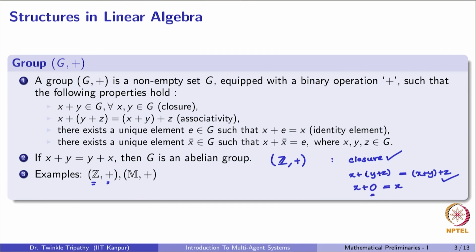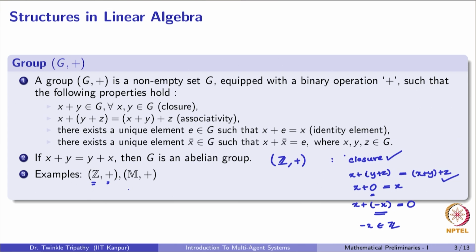Any integer when added with the element 0 gives me back the same integer itself, and the inverse of an integer, which is minus of x, gives me back 0. So minus x always belongs to the set of integers. Hence I know that the set of integers along with the addition operation becomes a group. Is it an abelian group? In this case, yes, it is an abelian group as well.